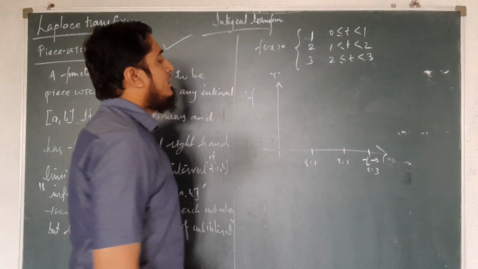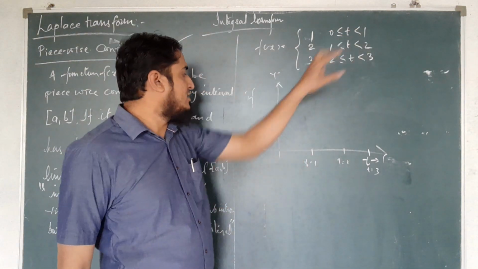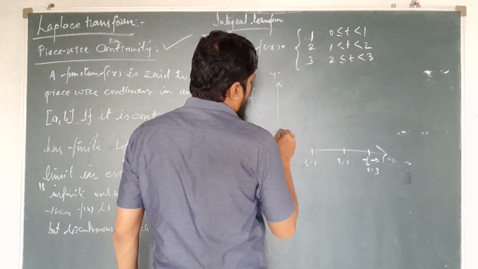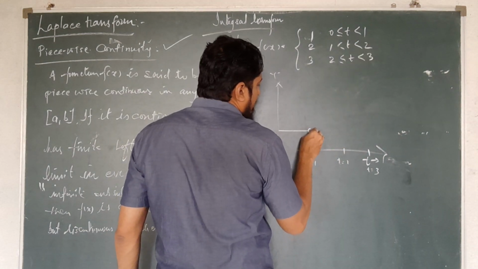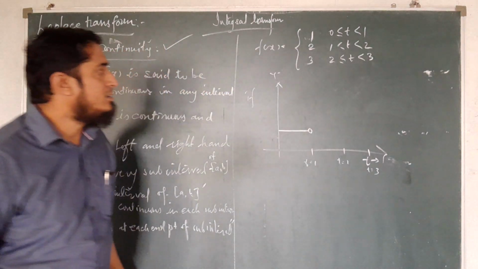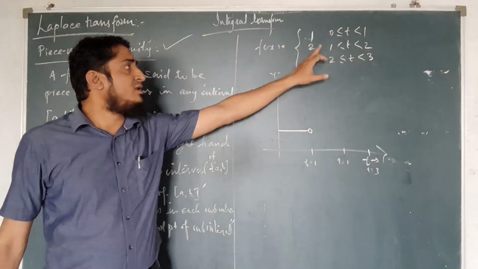From 0 to 1, the value of the function is 1, but at the end point we can't include 1 in this function.